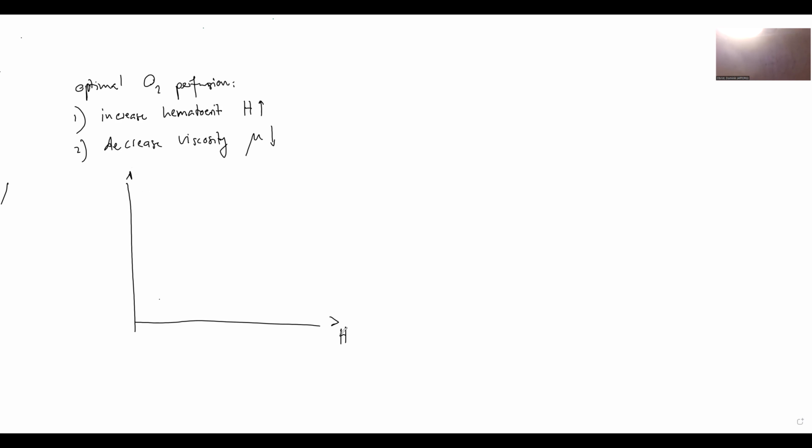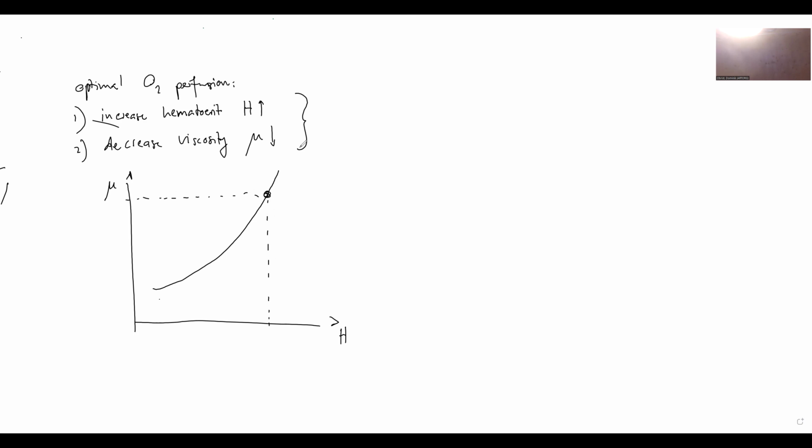What we had before in the slide: hematocrit here, viscosity here. We have a curve which somewhat looks like that. At any given point, we have a certain hematocrit and associated with that, we have a certain viscosity. If we take these two criteria, we want the highest possible hematocrit for the lowest possible viscosity.